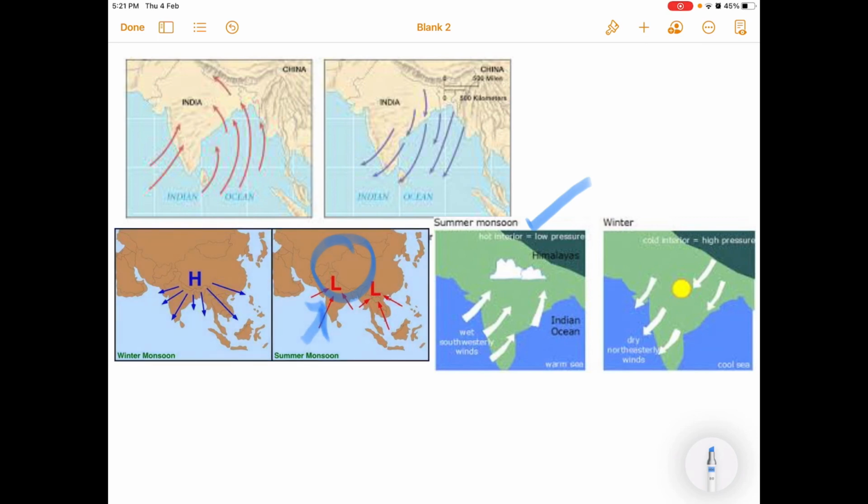So, the summer monsoon winds blow from sea to land during the hot season and bring heavy rainfall because they enter the Indian subcontinent from the southwest direction. So, that is why they are known as southwest monsoon winds, and they blow during the months from June to September and cause heavy rainfall in the Indian subcontinent wherever they strike any of the mountain barriers that we have studied in the previous chapter also.